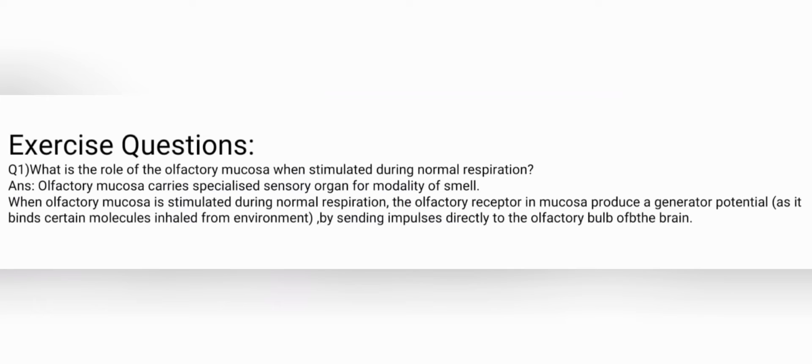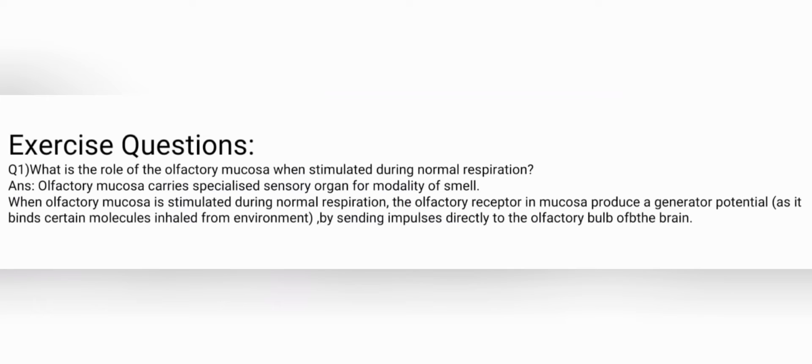Before we end this session, let's have a look at a few exercise questions to help you understand the sensory physiology of gustation and olfaction better. The first exercise question is, what is the role of the olfactory mucosa when stimulated during normal respiration?